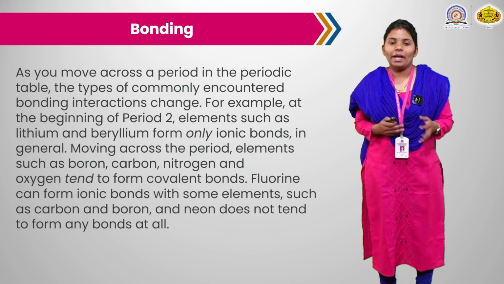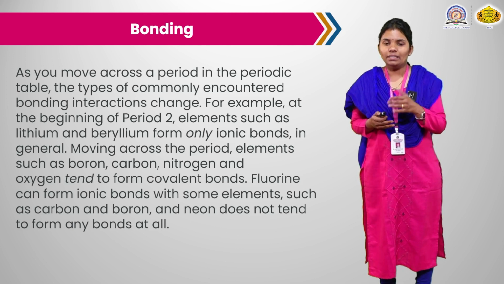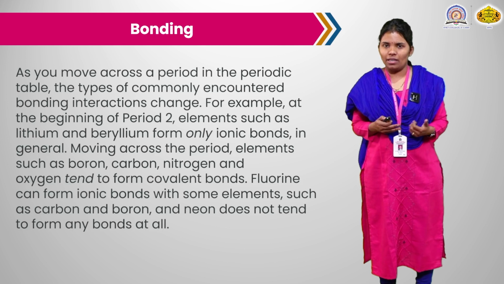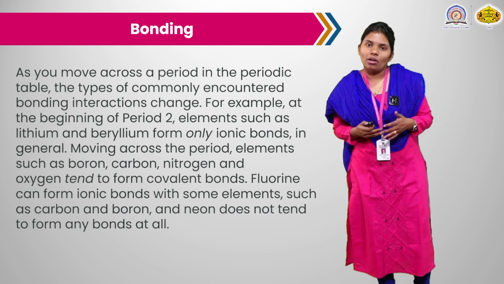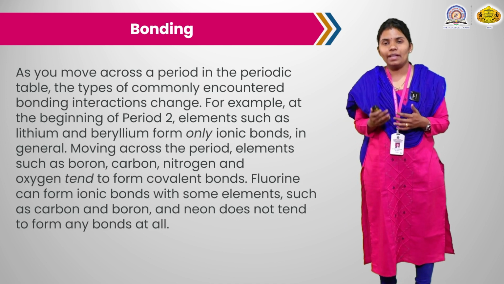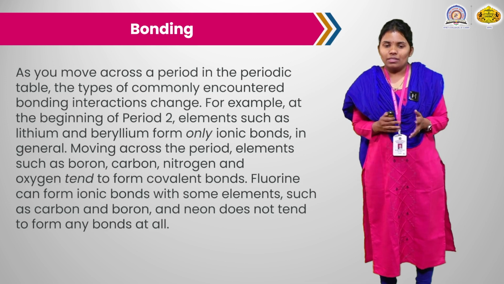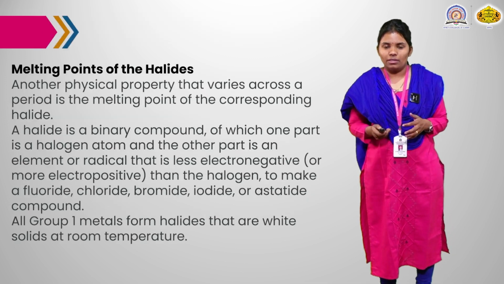Neon does not tend to form any bonds at all, because helium, neon, argon, krypton, xenon, as we have seen in the last slide, are inert gases. They have fulfilled their octet, so they do not easily share electrons at all.